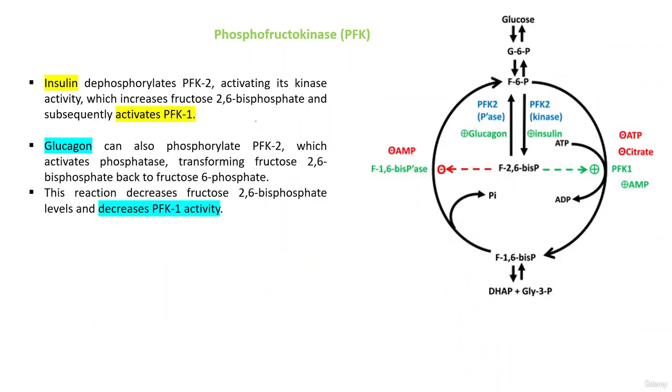Insulin dephosphorylates PFK-2, and by doing so, it activates its kinase activity, which increases fructose 2,6 bisphosphate and ultimately increases PFK-1.